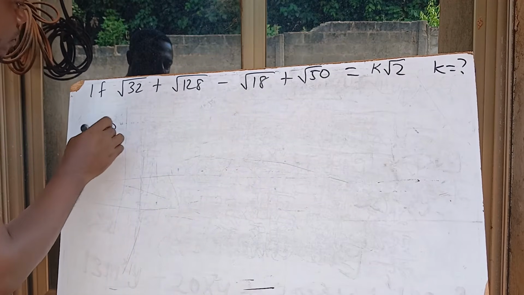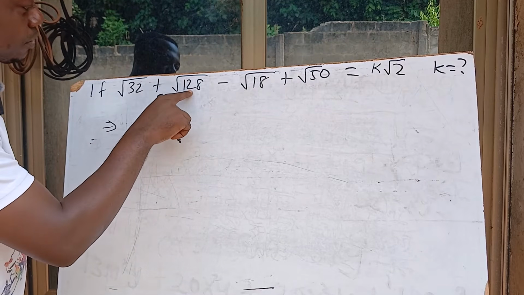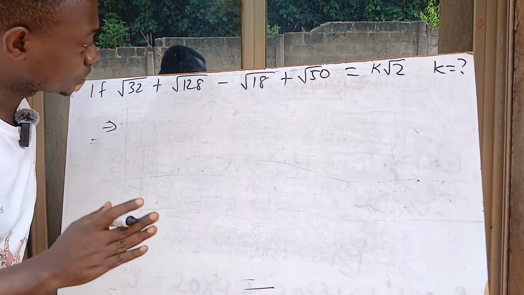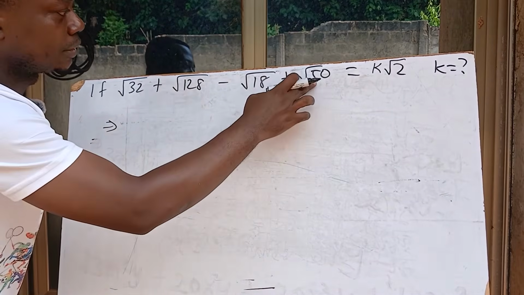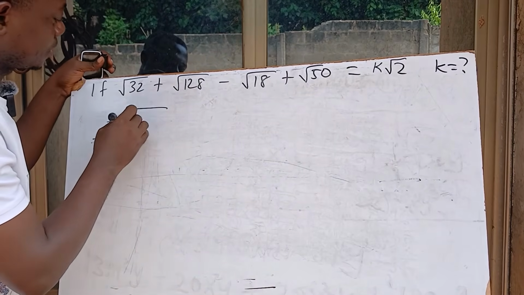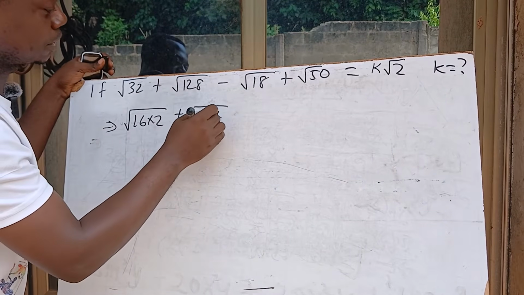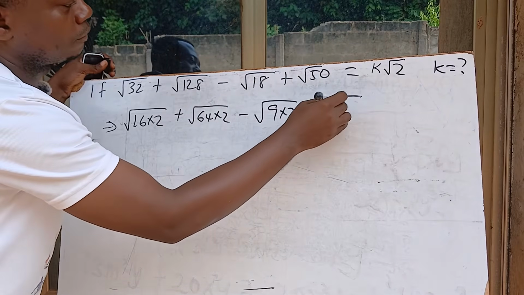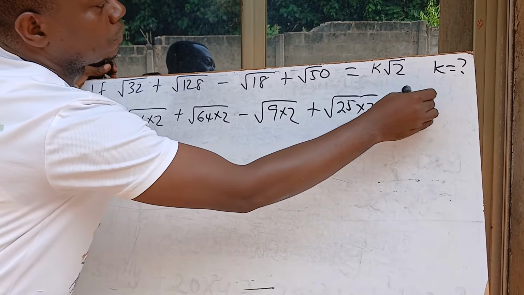So 32 is 16 times 2, and this one will be 64 times 2, because 64 is a perfect square. This side will be 9 times 2, and this side will be 25 times 2, equals k root 2.